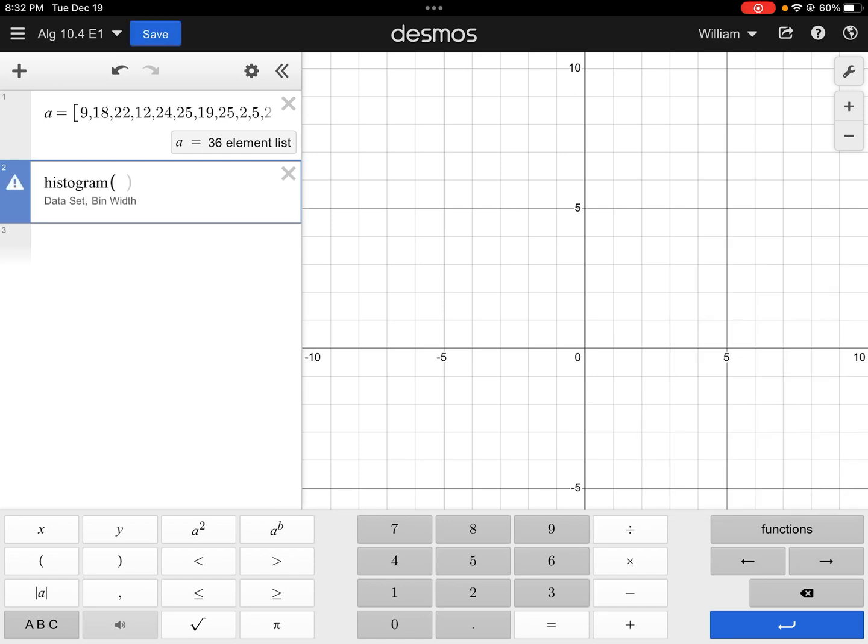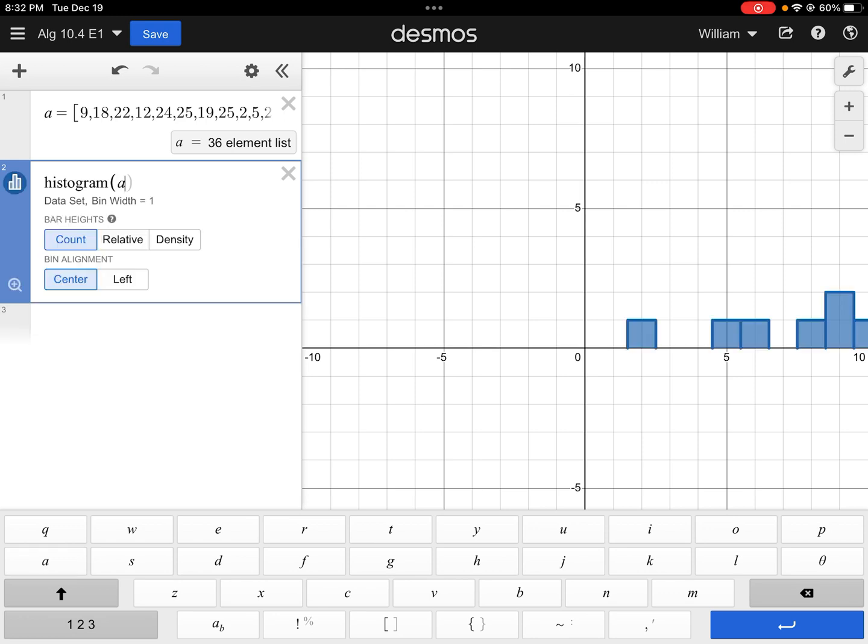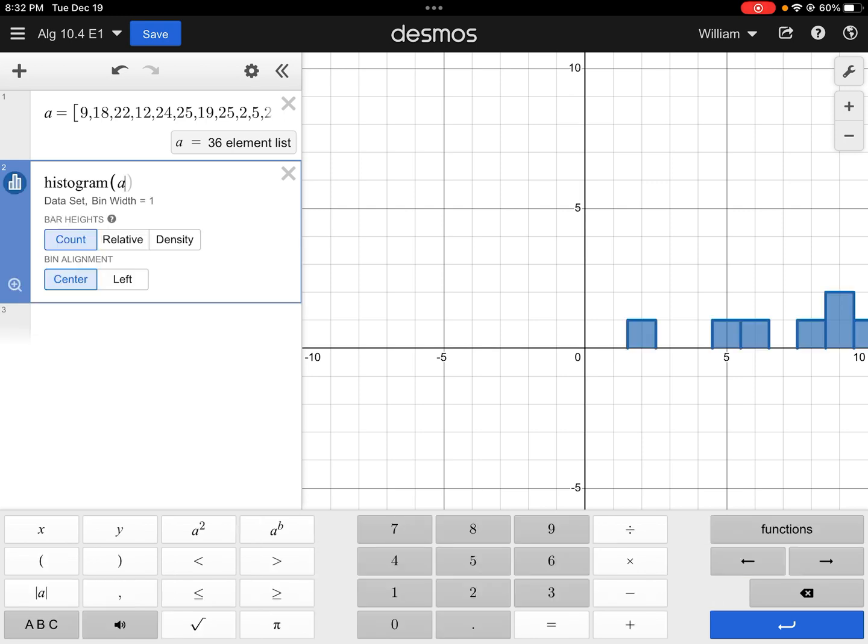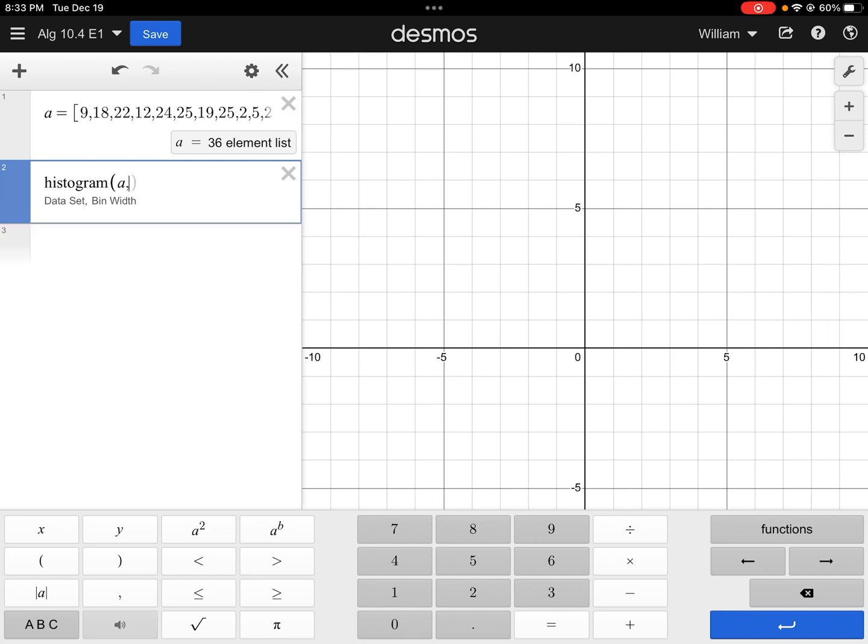Notice it's going to ask you for two things. Number one, what did you call your histogram? Notice I called mine A. And then, comma, what do I want my bin width to be? In other words, how wide is each bin?